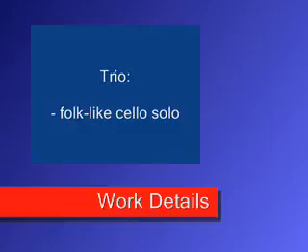The trio section of this movement is essentially a cello solo with very light participation from the orchestra. This in and of itself is not terribly unusual or significant because sometimes composers will do this sort of thing in a section of this sort to effect a certain contrast.